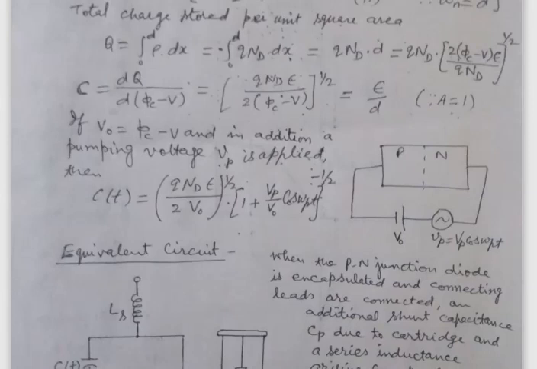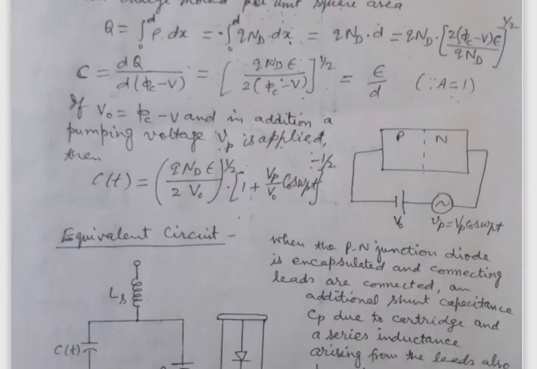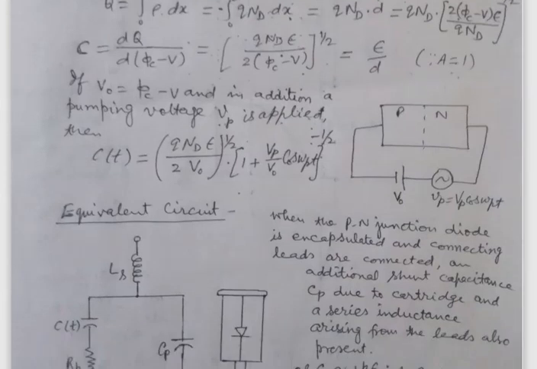The only difference between the capacitance of the abrupt junction diode and the linearly graded junction diode is this power, that is power minus 1 by 2 in the case of the abrupt junction diode, and here in the case of the linearly graded junction diode the power is minus 1 by 3. So in both the cases the capacitance varies non-linearly with time.